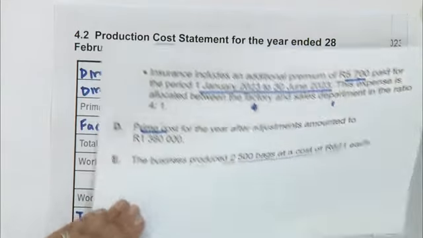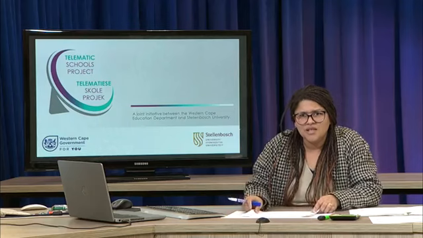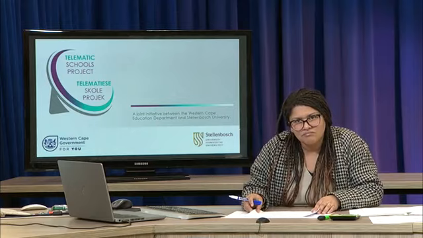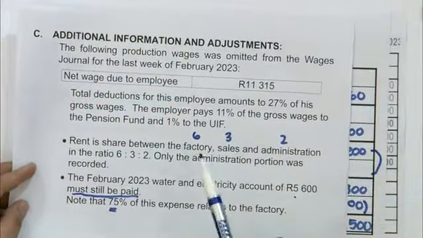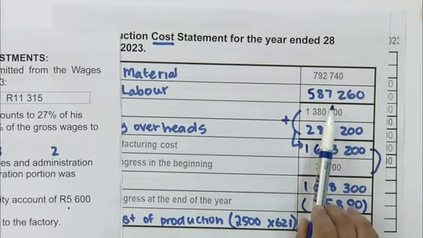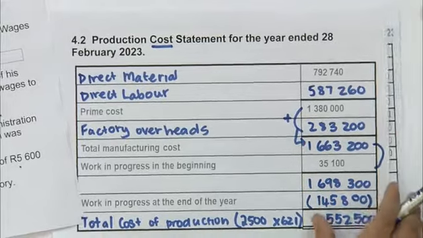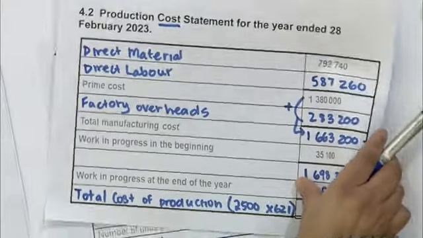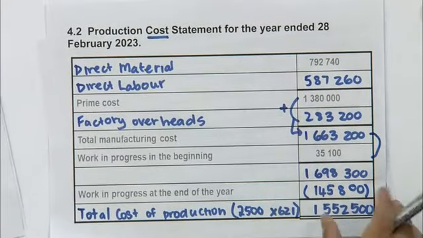Okay, but now you might be asking, but ma'am, why are they giving us additional information regarding direct labor, right? Now, I'm going to go through it to show you that it actually amounts to 587,260. Right. So if you were not given that prime cost, you would obviously need to calculate labor costs.